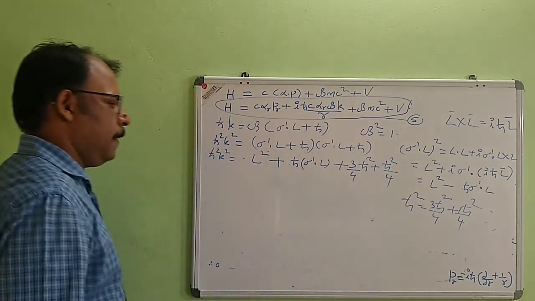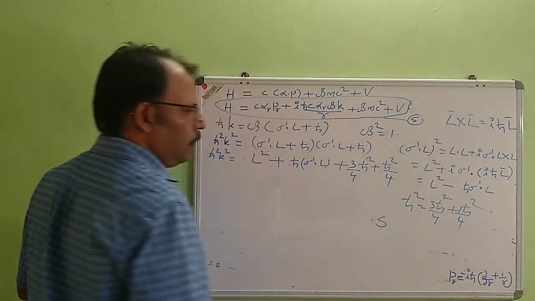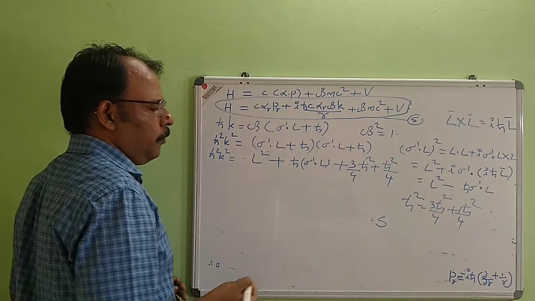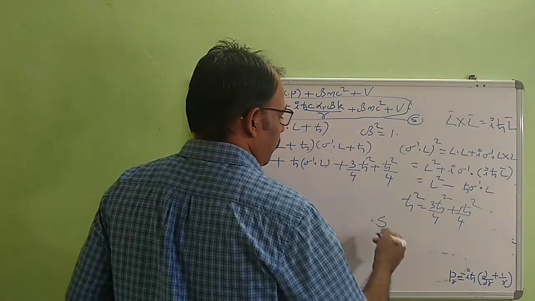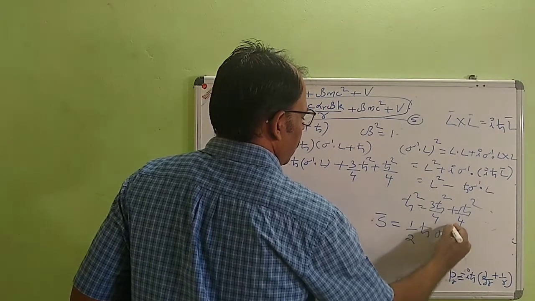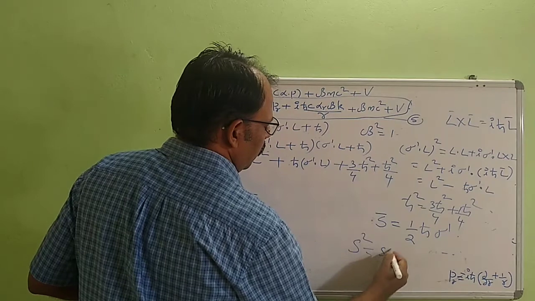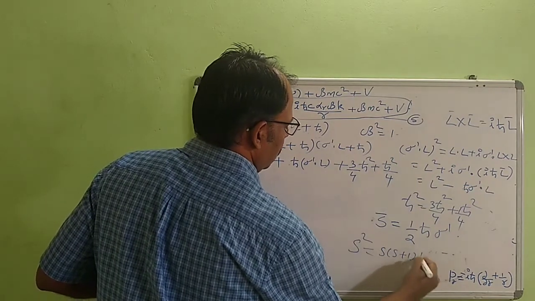So 3 by 4 plus 1 by 4 will be 4 by 4 h bar square, identical to h bar square. This 3 by 4 h bar square, we have the spin angular momentum operator S as half h bar sigma prime, and its eigenvalue as s square equal to s into s plus 1 h bar square.